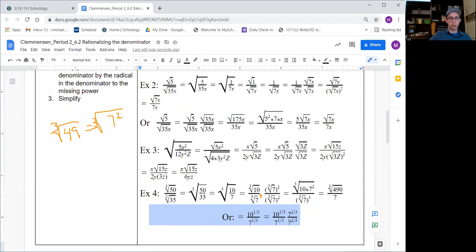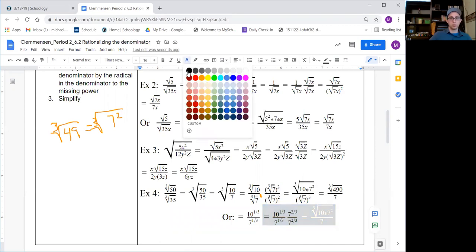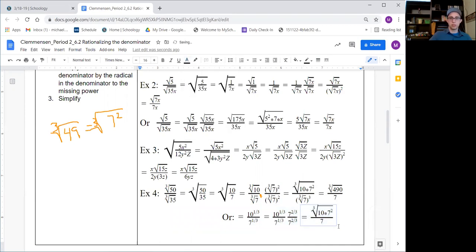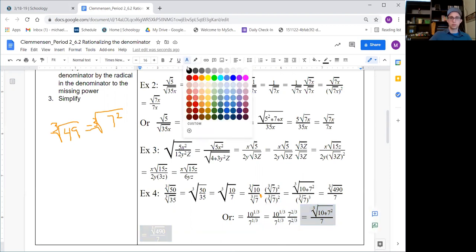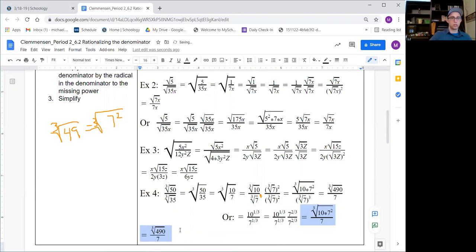And then I can think about it as multiplying by whatever power adds up to 1. So 1/3 plus 2/3 gives me that 1 I want, that exponent of 1 down below. That's another way we can think about this. Combine those, we get 10 times 7 squared over the cube, which then simplifies down to, I think I actually have it down here. Yes, cube root of 490 over 7.